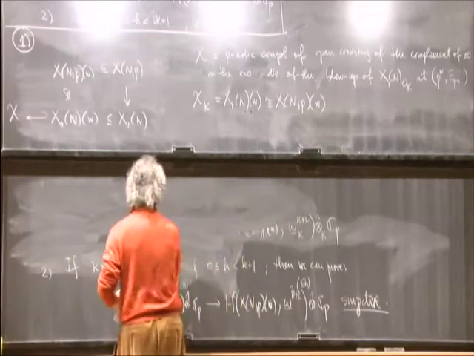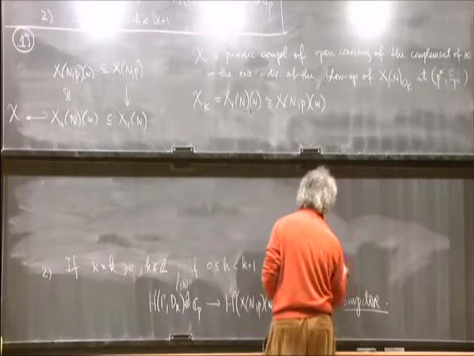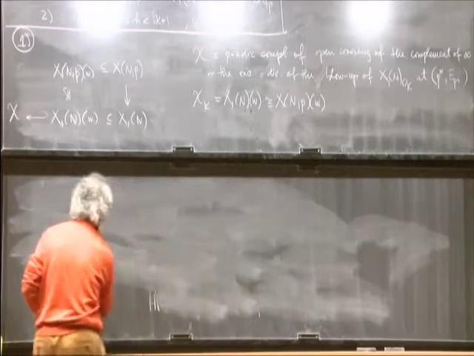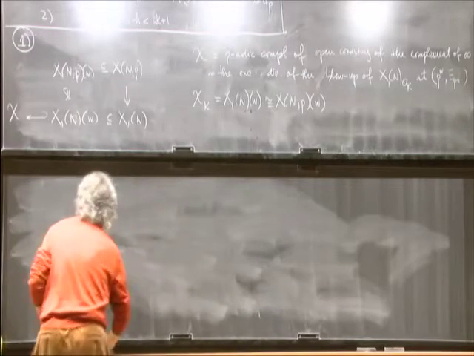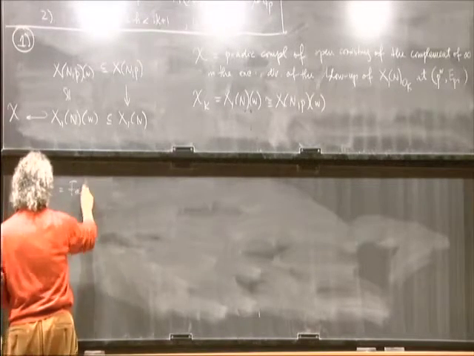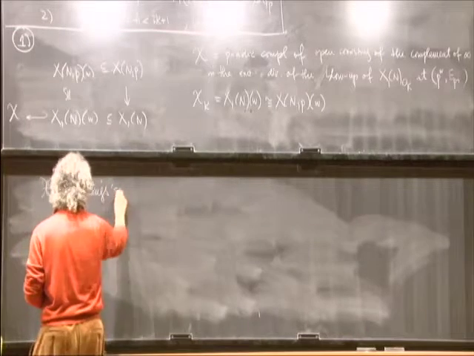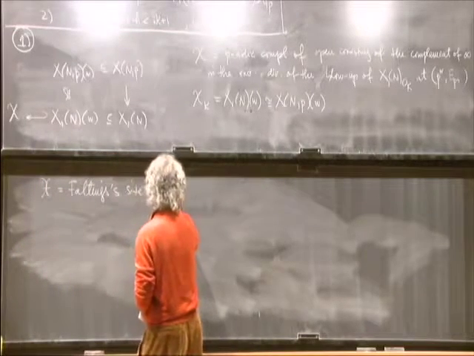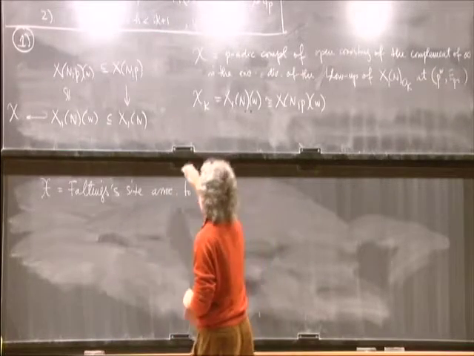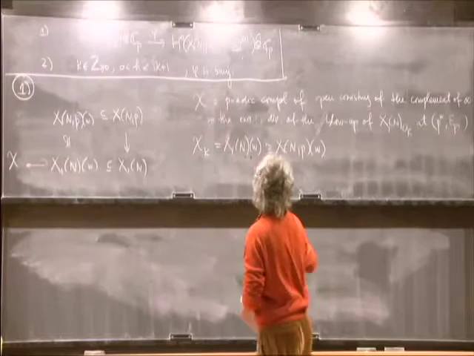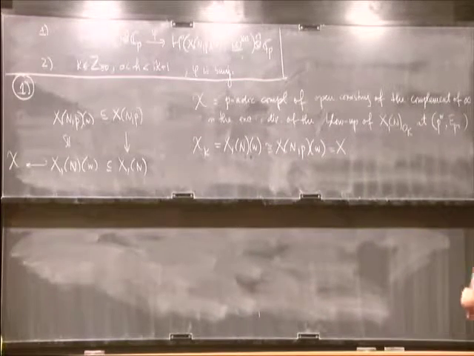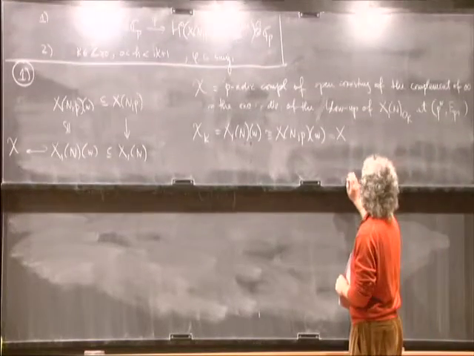And to this pair, we denote by X Faltings' site associated to this pair. If you don't mind, I would like to denote this by X, so it will be different from Vincent's talk, where he defined by this the formal scheme.